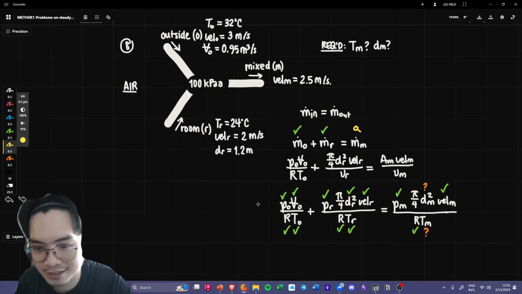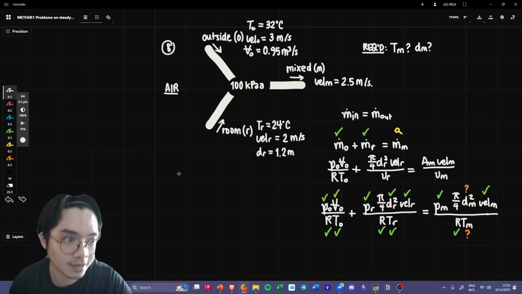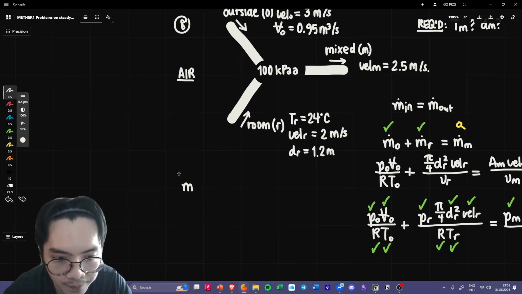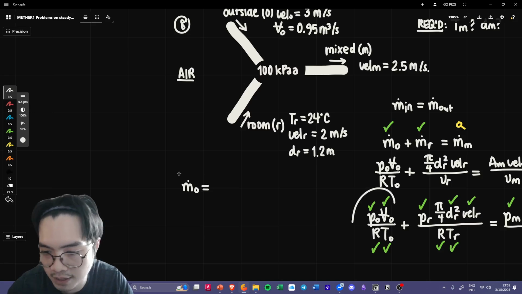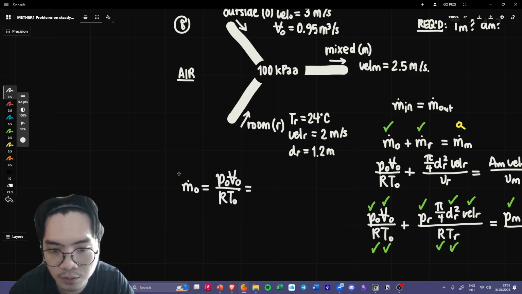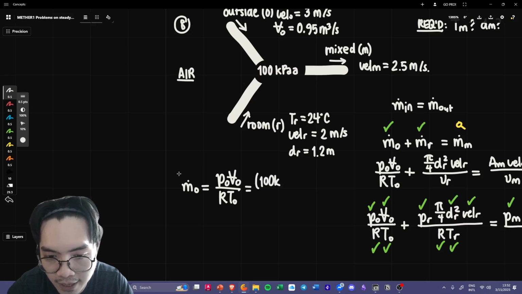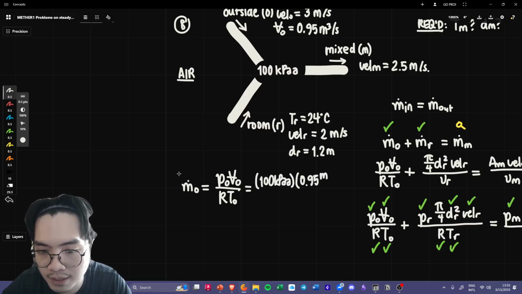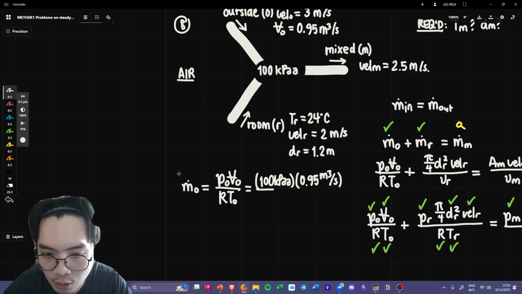So you guys see, this is a very involved kind of equation. So let's first start off with MO. From here, that's going to be PO V dot O over RTO, which is going to be 100 kPa absolute times your VO, which is 0.95 meter cube per second, all over your RT.